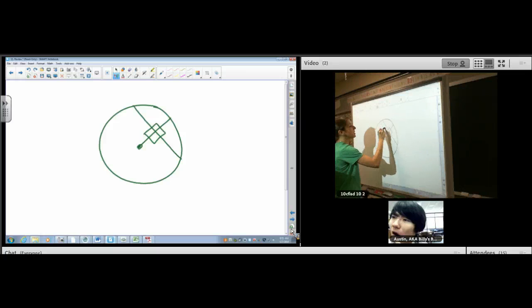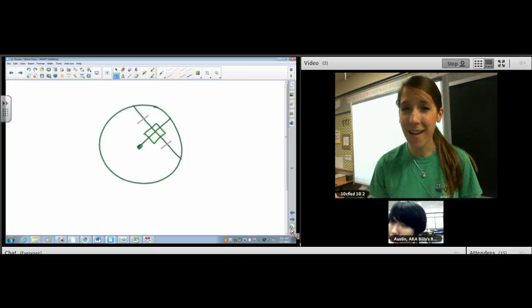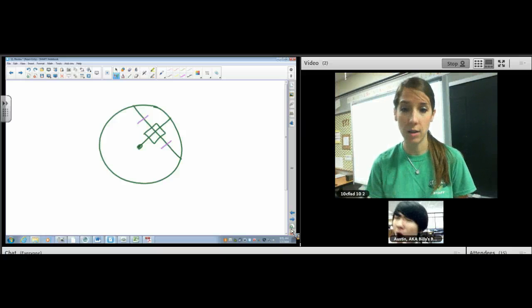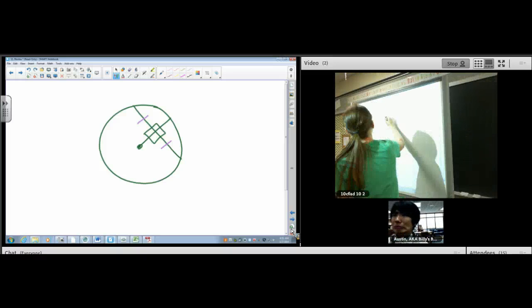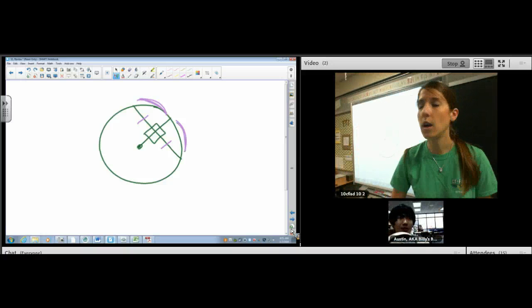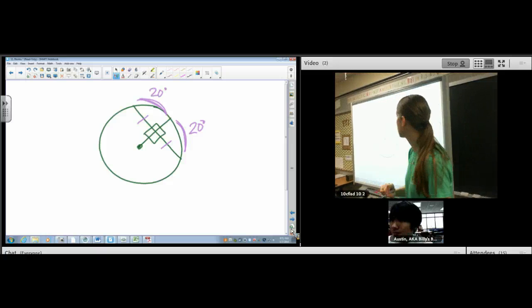Well, that radius cuts the chord in half. Be careful. The chord does not cut the radius in half. The radius cuts the chord in half. The radius bisects the chord if they're perpendicular. It also bisects the arcs. So those arcs are the same measure, like 20 degrees, 20 degrees.